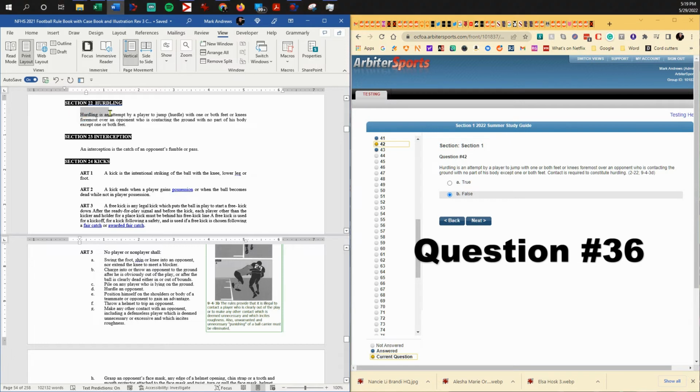Hurdling is an attempt by a player to jump, hurdle with one or both feet or knees foremost over an opponent who is contacting the ground with no part of his body except one or both feet. That's exactly what he said in that first part, right? And what they're talking about is think of a hurdle, a track race, hurdling.